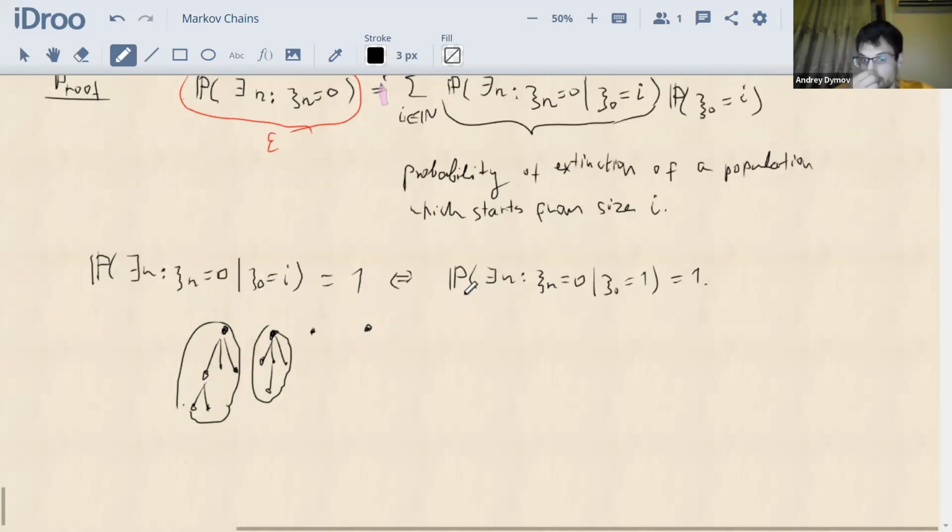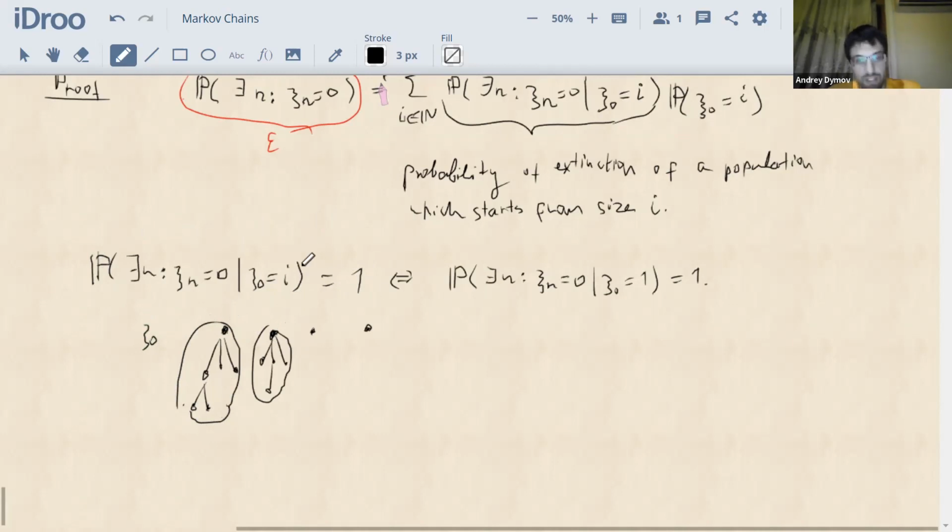So it means that the probability that everybody will die also equals 1. And the other way around, you can argue similarly, right? If this probability equals 1, then for every individual at the 0th generation, the population to which it gives birth should disappear one day. Okay, so this is true.